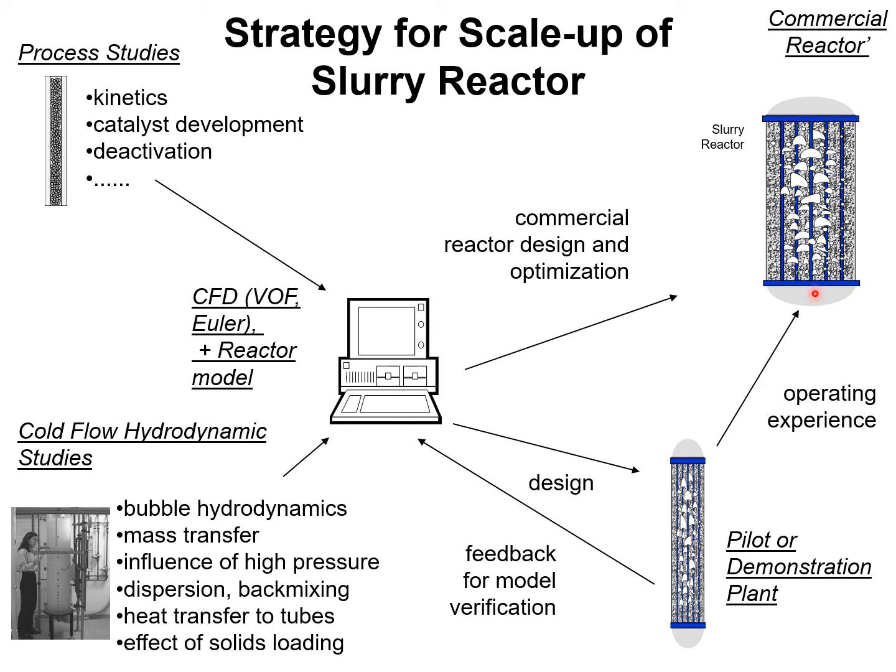And the scale-up strategy needs to be very systematic and thorough in order to ensure that the reactor, when operated on a commercial scale, meets the desired conversion and selectivity targets.